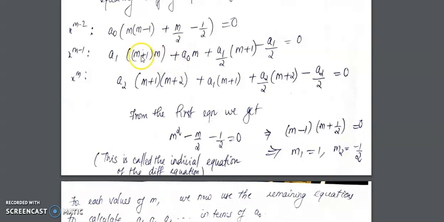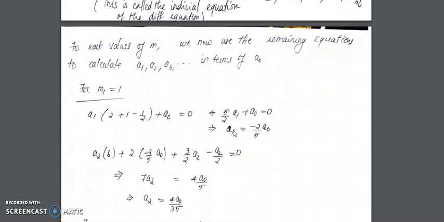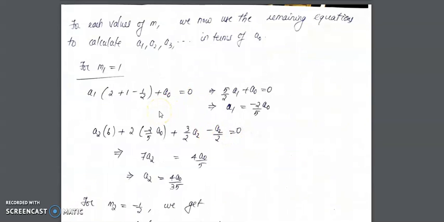For m equal to 1, substitute here, so you will get 2a1 plus a0 plus a1 minus a1 by 2. So this will be the first equation. So you will get 5 by 2 a1 plus a0 equal to 0. So that will give a1 equal to minus a0 into 2 by 5. So that is minus 2 by 5 a0.